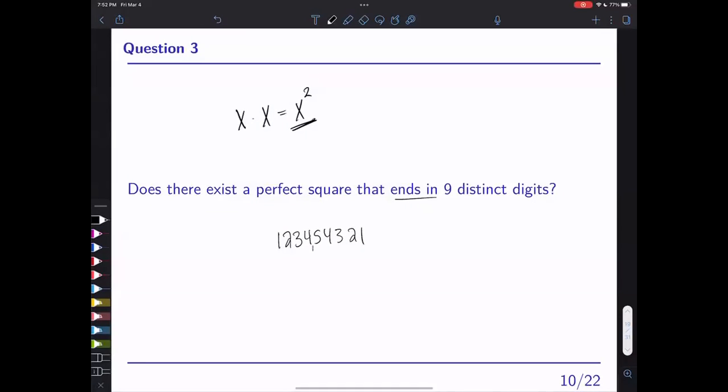This ends in 5 distinct digits: 5, 4, 3, 2, 1. These first 4 are not distinct. Still got 1, 2, 3, 4 inside there. I want something that's 9: 1, 2, 3, 4, 5, 6, 7, 8, 9. And maybe it has some stuff in front. But it's got to be a perfect square.